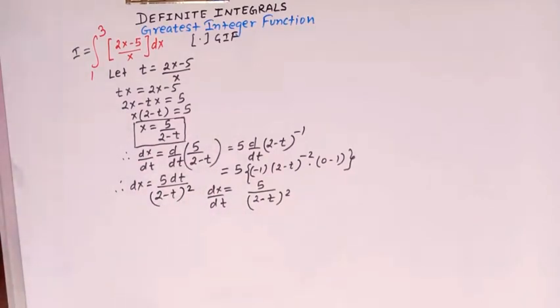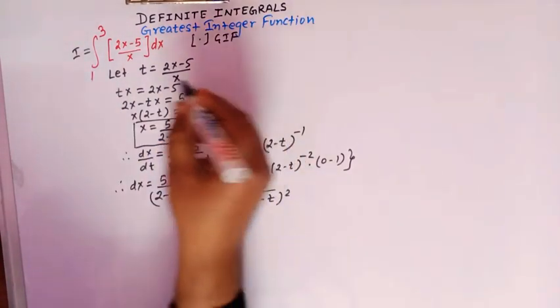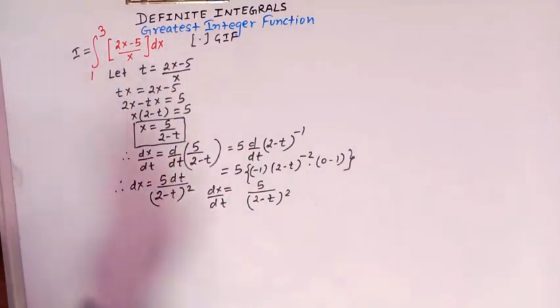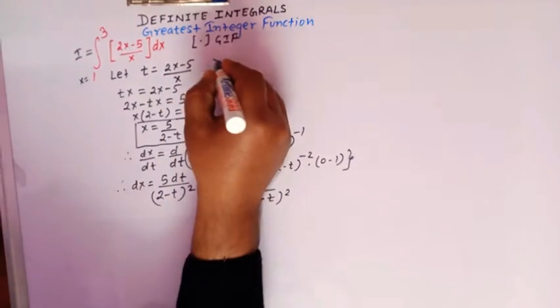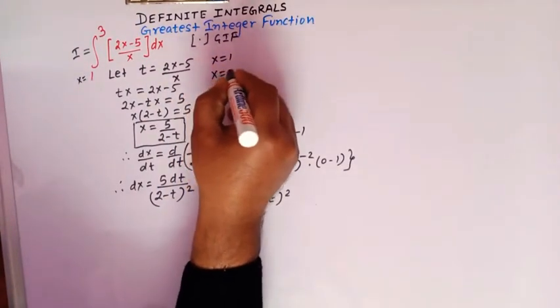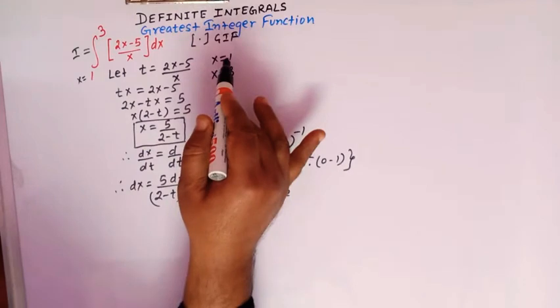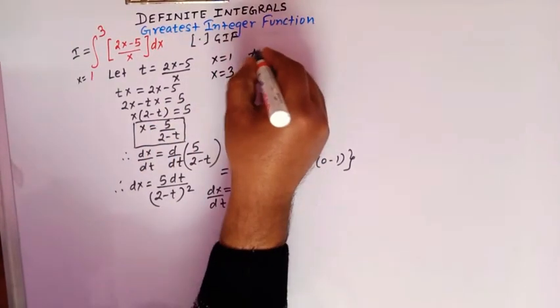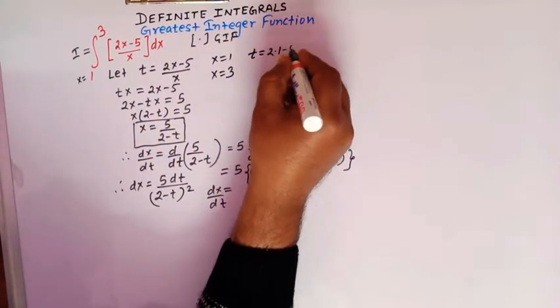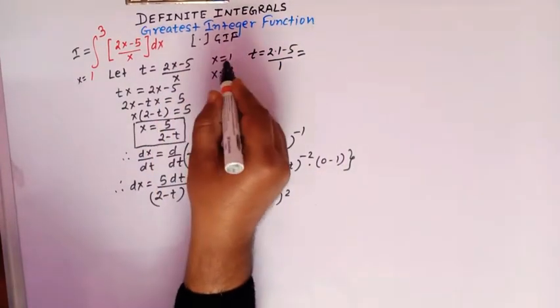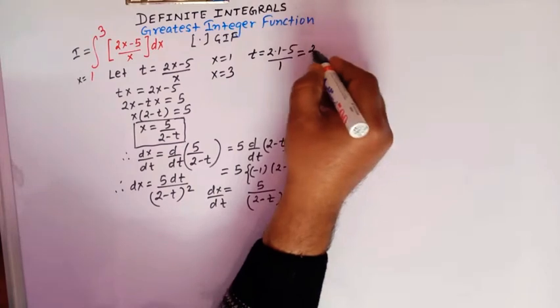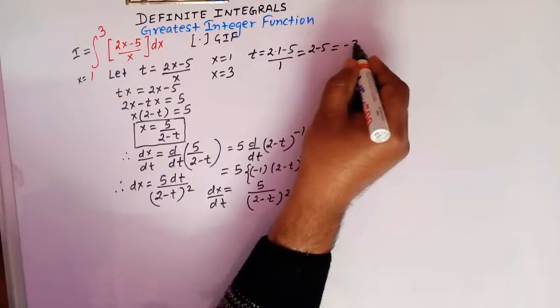Okay, so now once we have obtained these results, let us change the limits, because we are changing the variable x to t. Here x varies from 1 to 3. When x is equal to 1, then t is (2 times 1 minus 5) over 1. So we have 2 minus 5, that is minus 3.